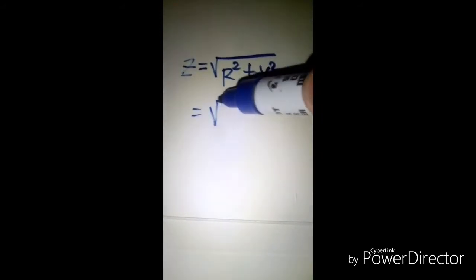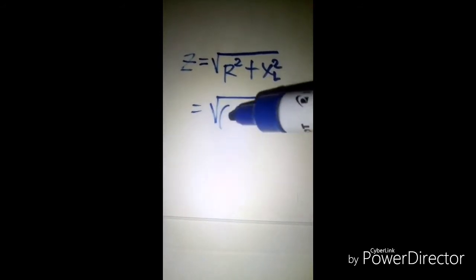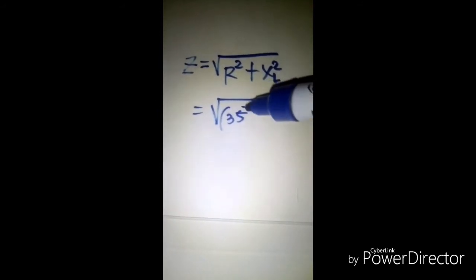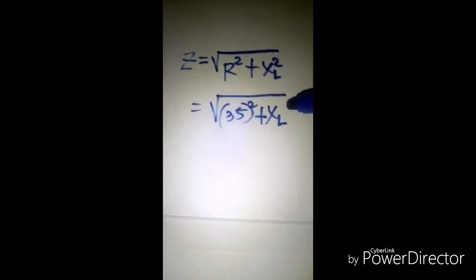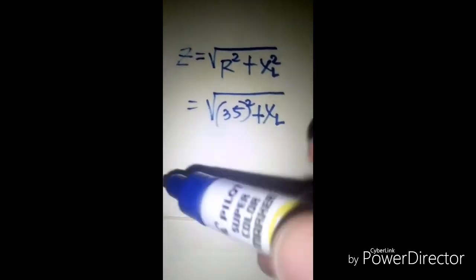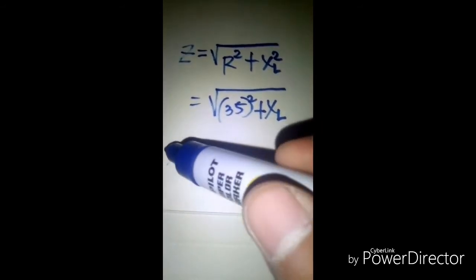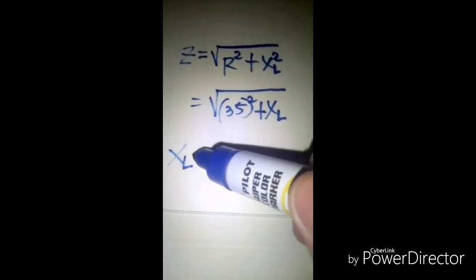To get the impedance of the coil, simply substitute the value of R, which is 35. But we don't have the value of XL, and we need to solve it.